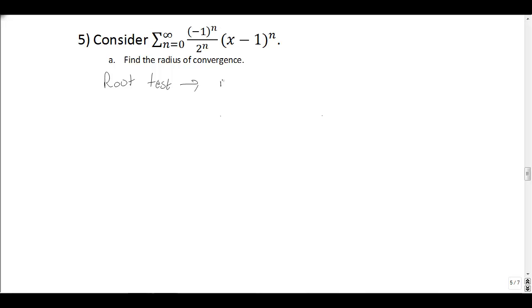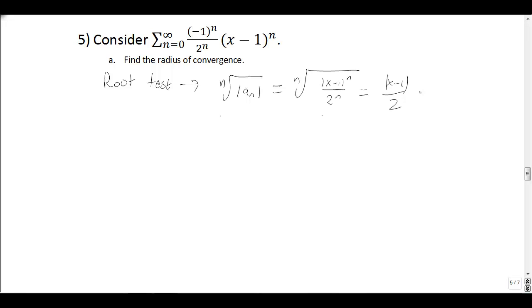So I take the nth root of the absolute value of a_n. The absolute value of negative 1 to the n is just 1. So we get the absolute value of x minus 1 to the n over 2 to the n. Take the nth root, and you get the absolute value of x minus 1 over 2.